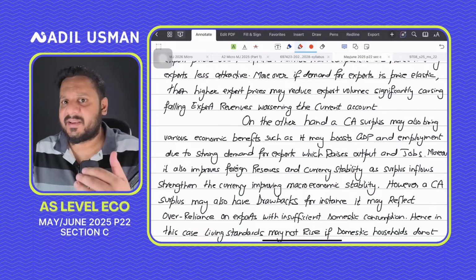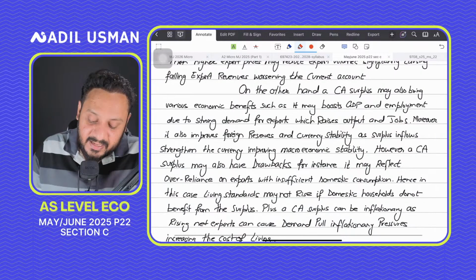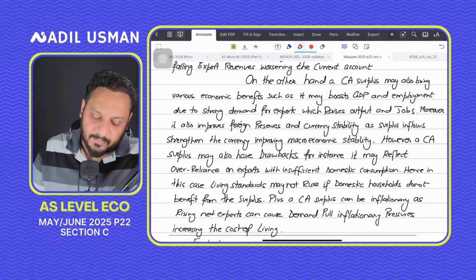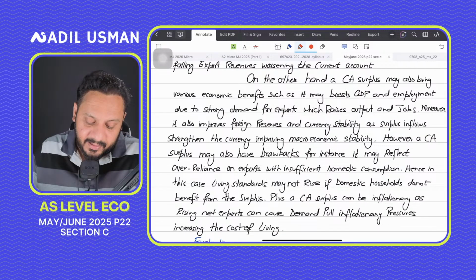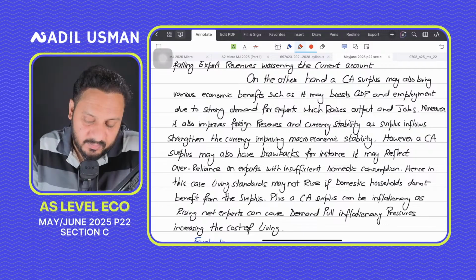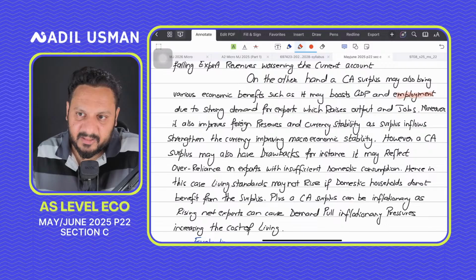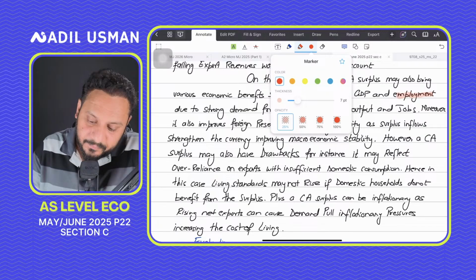Now, like I said, you need to talk about the advantages of a current account surplus as well. So what you'll say is that, on the other hand, a current account surplus may also bring various economic benefits, such as strong exports, so it may boost GDP, and it may also result in higher employment. But again, mention the reason why you're saying it.